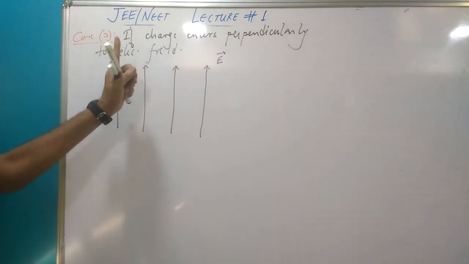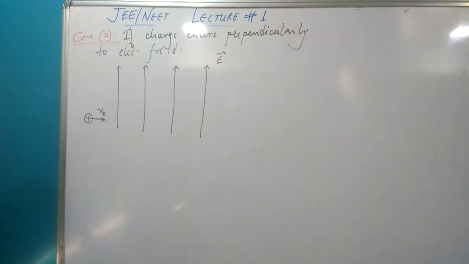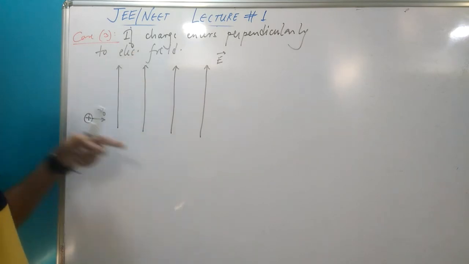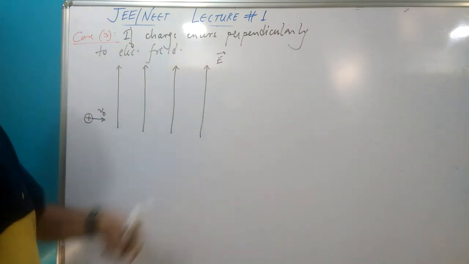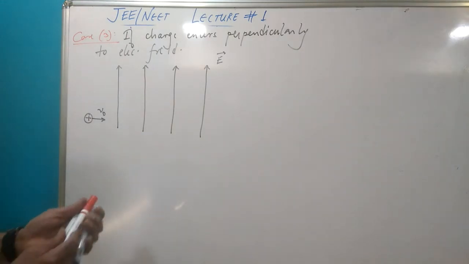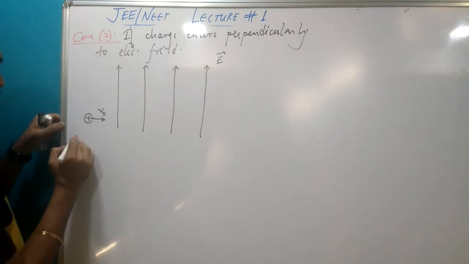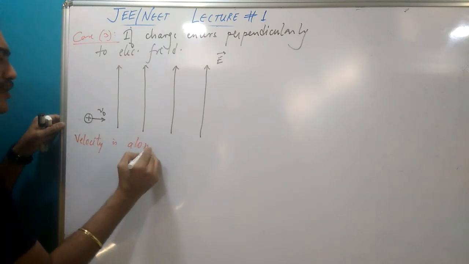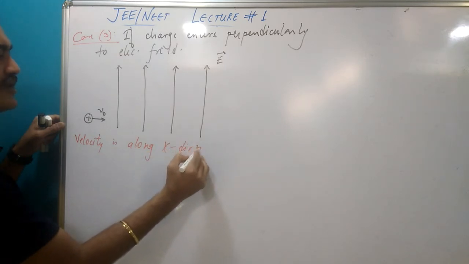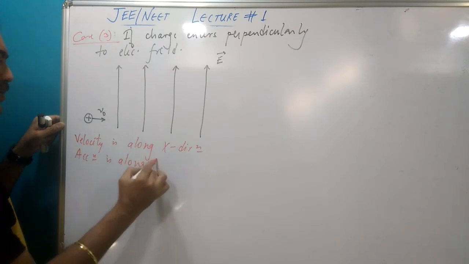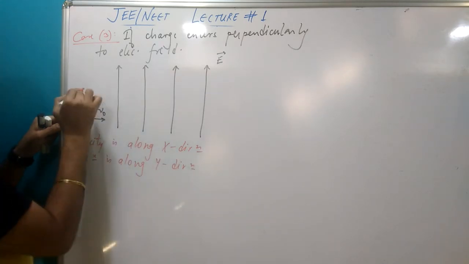Electric field is along Y. Charge is moving along X. If so, force and acceleration will be along Y. Constant speed is along X. If acceleration and velocity are perpendicular, so let me write here: velocity is along X direction and acceleration is along Y direction.